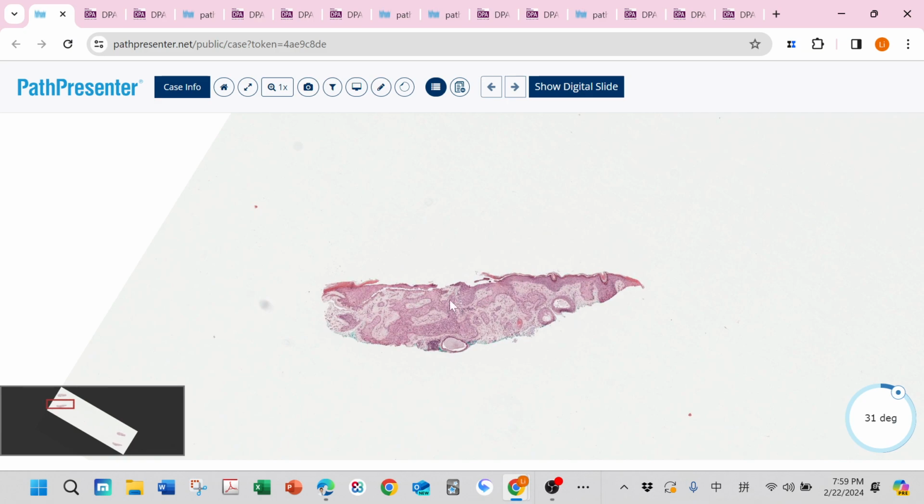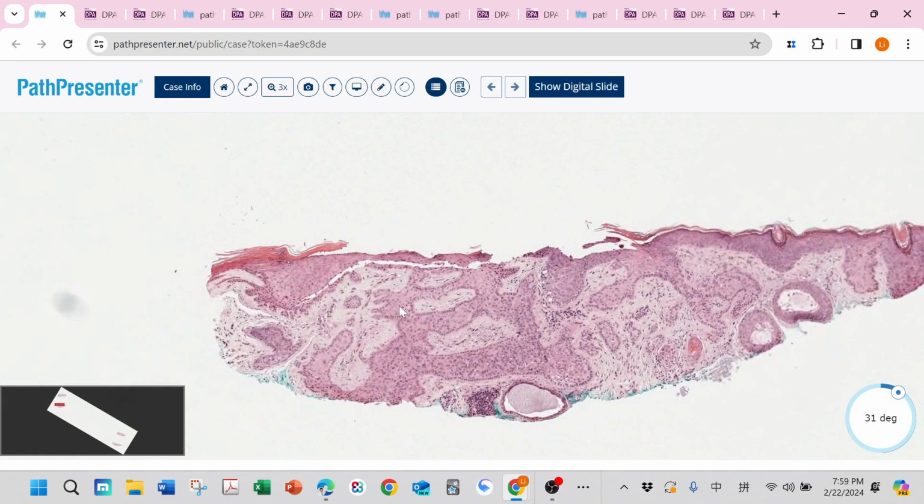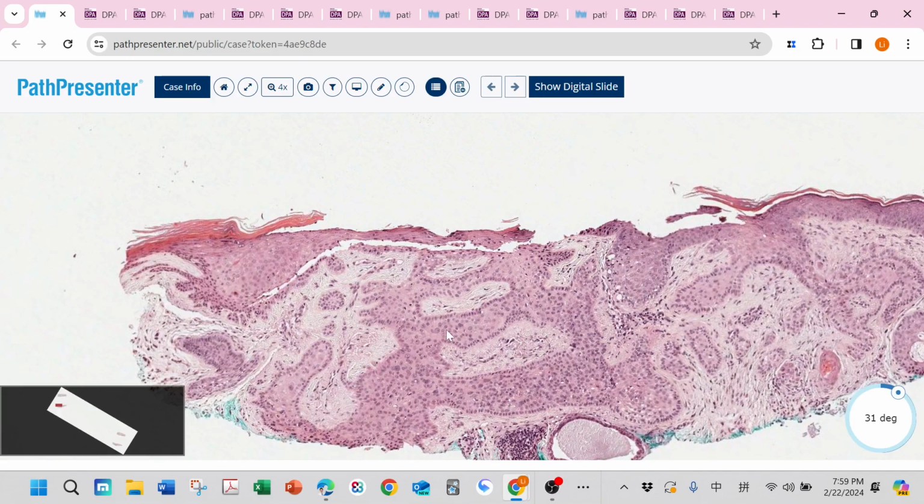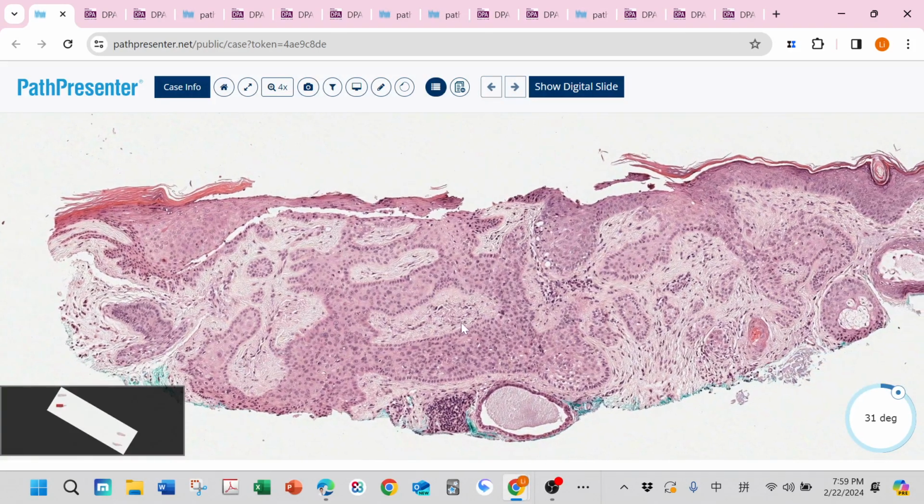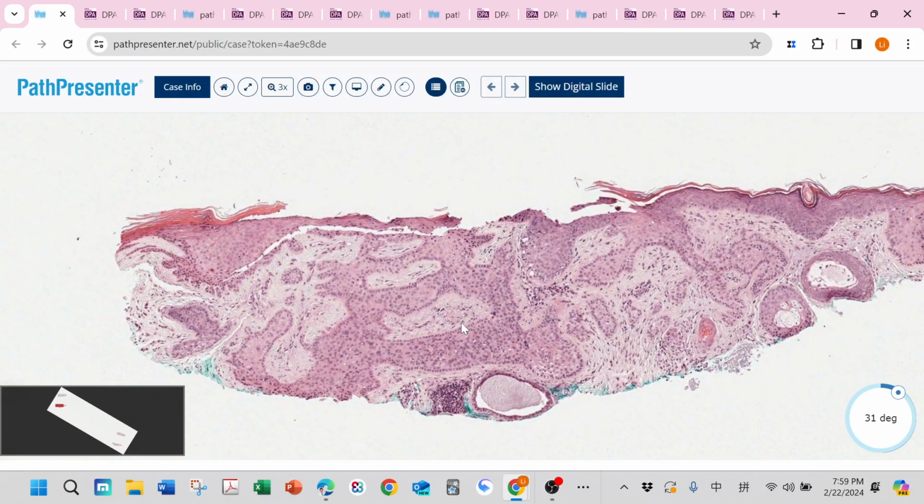So this is the benign tumor part. And when we zoom in, we can see we have this palisading cell in the periphery, then pale cytoplasm monotonous cells inside. Combine all of these features, this is a tumor of follicular infundibulum, TFI.